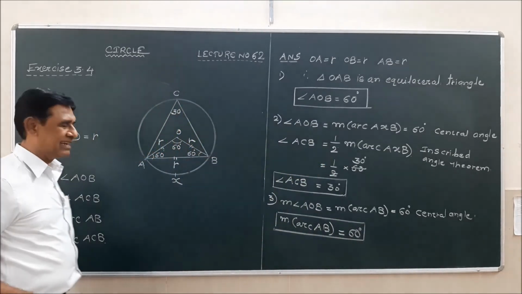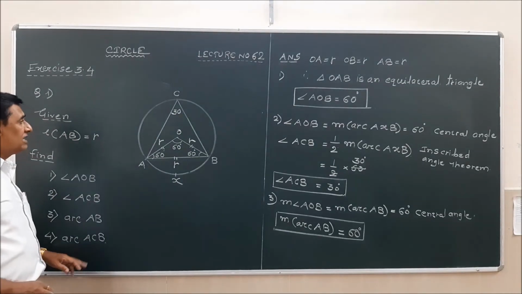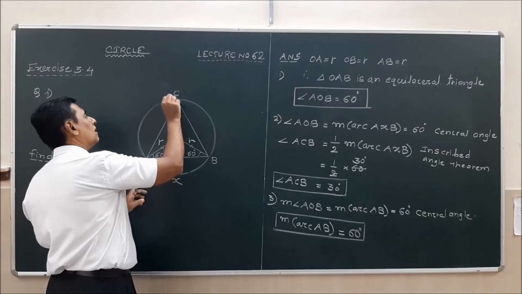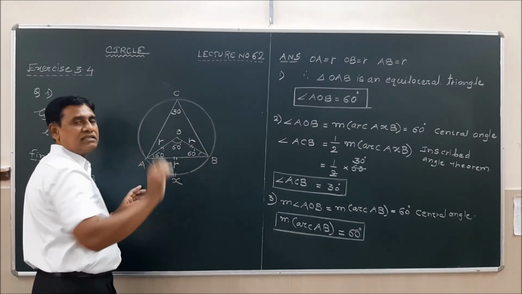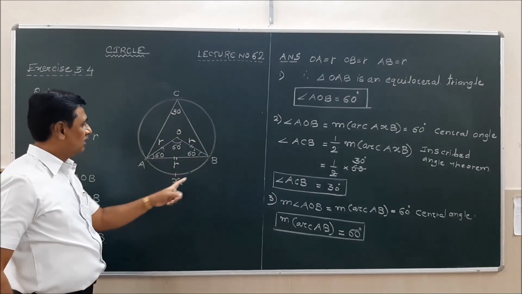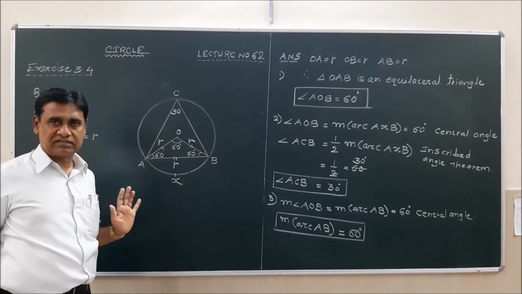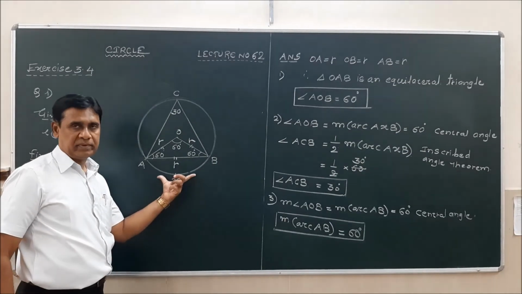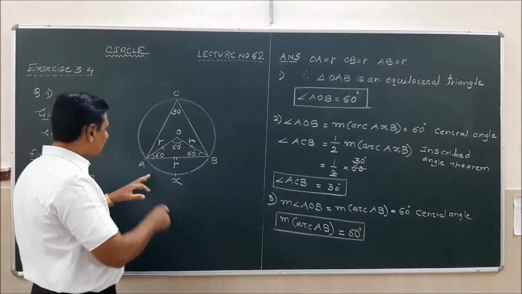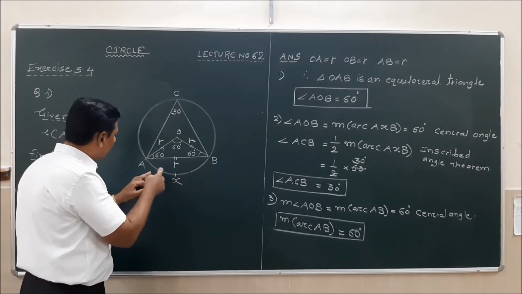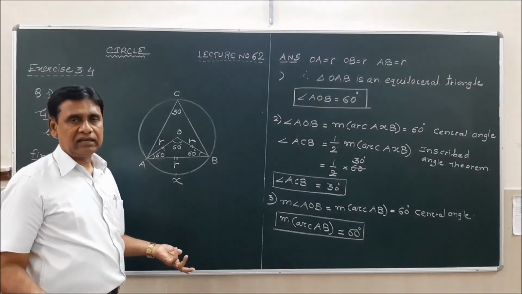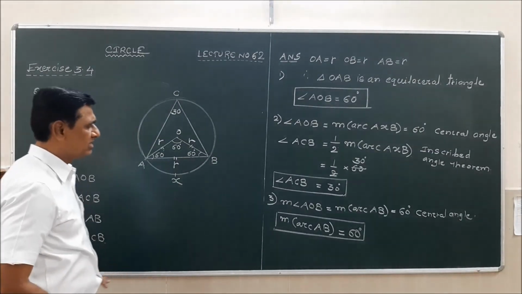Now only one question is left. Arc ACB. Arc ACB is this one. The sum of the entire circle is 360, out of which I know AXB. How much is AXB? 60. So naturally 360 minus arc AB will give us the measure of arc ACB, and it is going to be 300. Very simple.